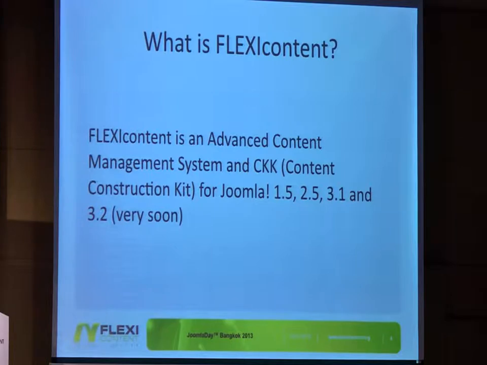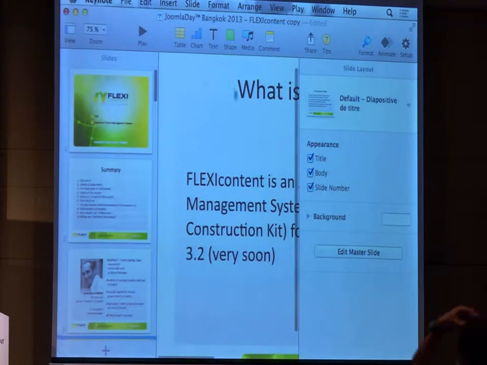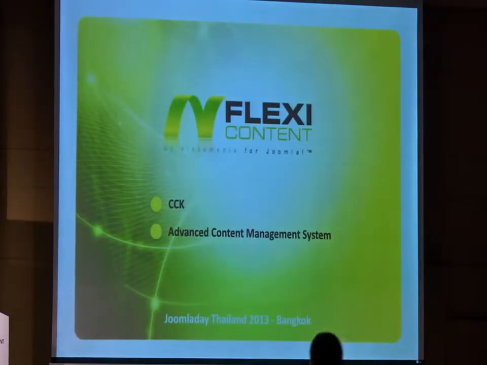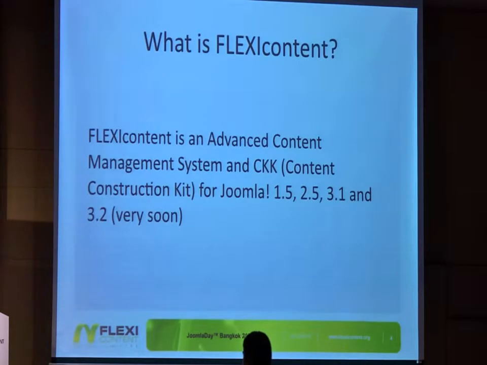Okay, so Flexi Content. It's an advanced content management system. You can ask me why advanced content management system? Joomla is a CMS already. Joomla is a CMS, but for me, the article manager was not powerful enough, specifically when I started the project.